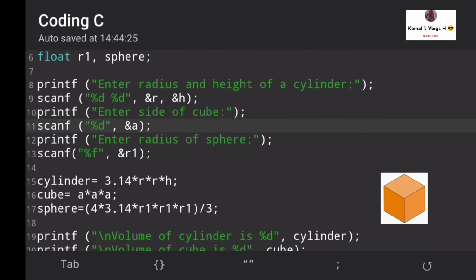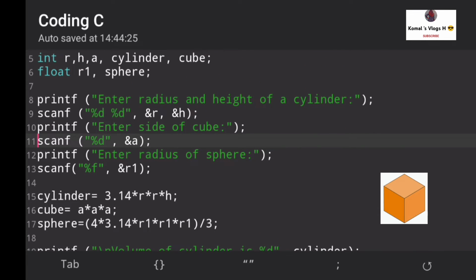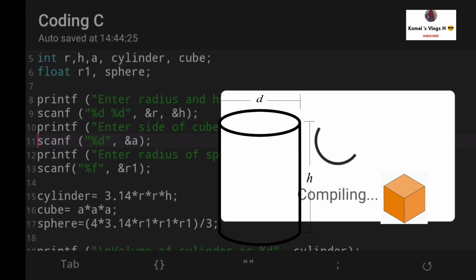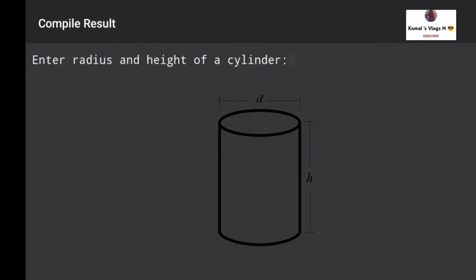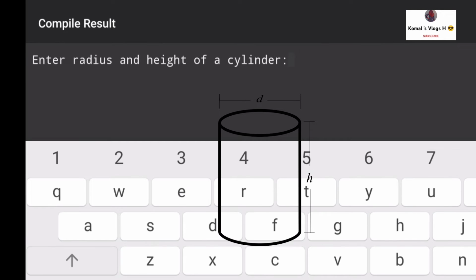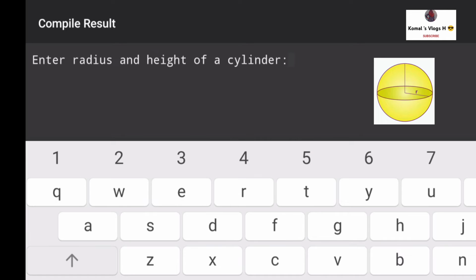The second shape is the cylinder, and the third one is the sphere. The cylinder formula is 3.14 into r square h, where r is represented by d, and h is the height. The yellow shape is the sphere. I have defined that r cube is multiplied by 3.14 into 4 and divided by 3.